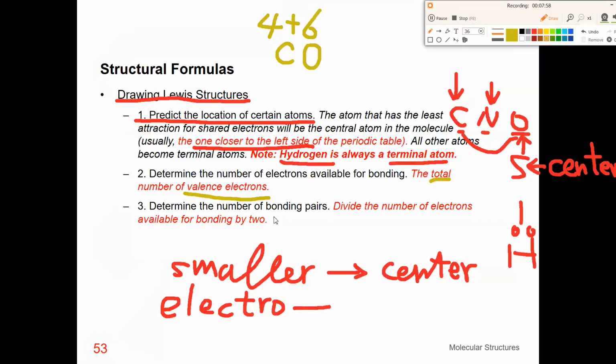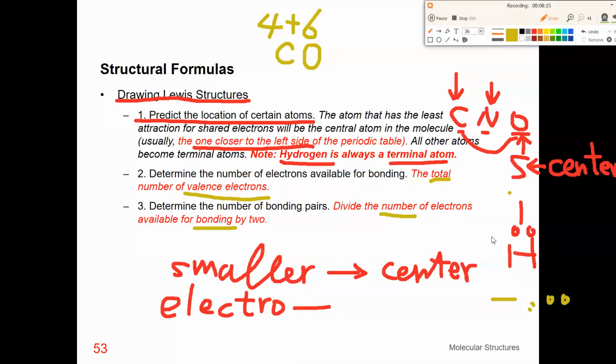So the next step, determine the number of bonds. Remember, from section 1, each bond is 2 electrons, so just take the total number of valence electrons divided by 2. That's the total number of electrons available for bonding.